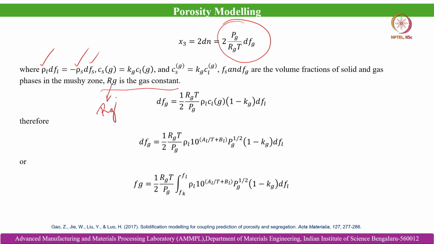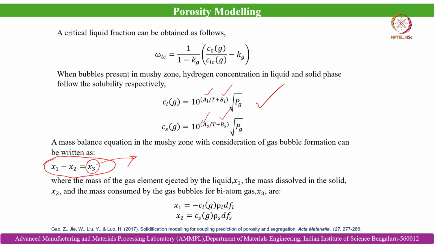And so, here DFG is equal to 1 by 2 Rgt by Pg rho L CLG into 1 minus Kg DFL. Now, we are putting the value of CL like we have shown over here, we have discussed over here.